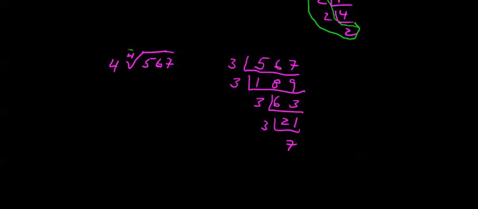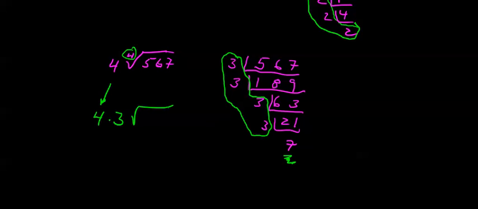Again, it's the 4th root, so I look for 4 numbers, 1, 2, 3, 4. And the 7 is left by itself. So I have 4, that's this 4, times 3 from these guys here, times the 4th root of 7. 4 times 3, 12, 4th root of 7.